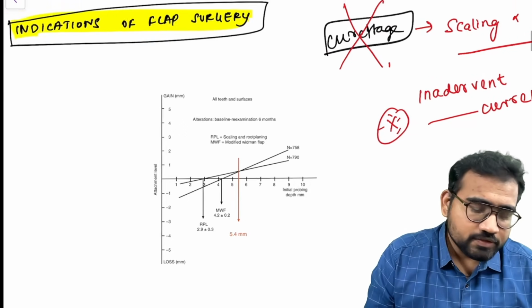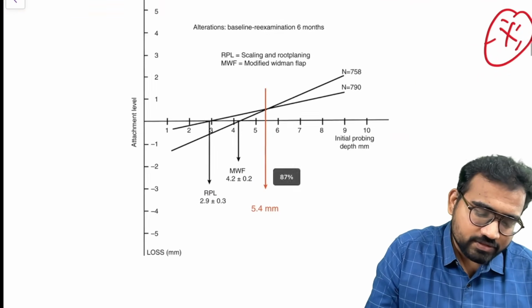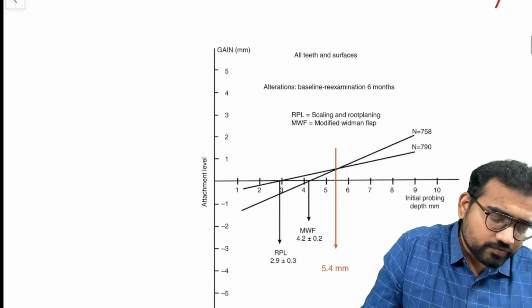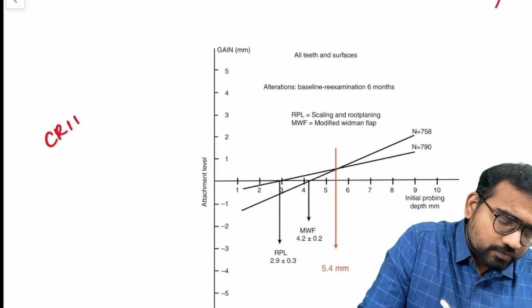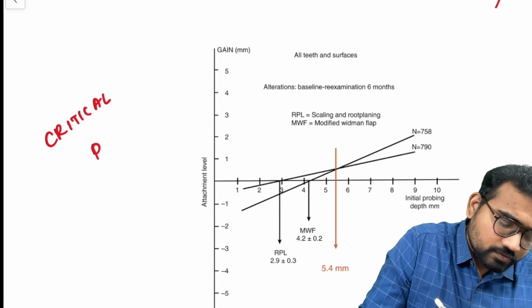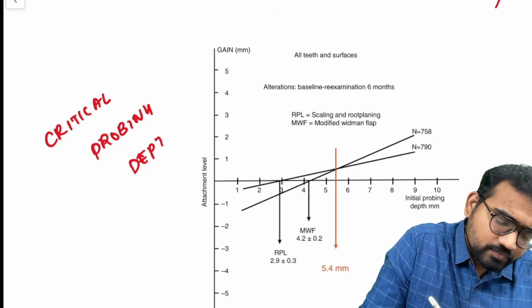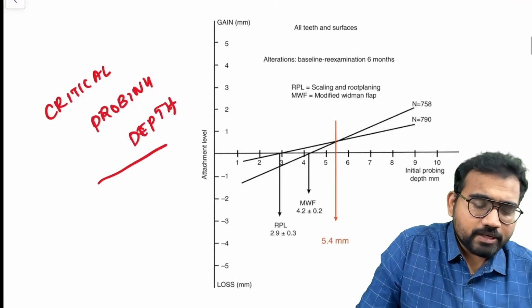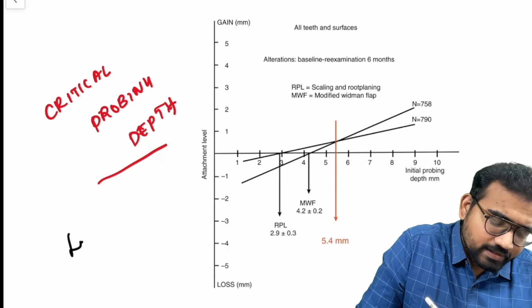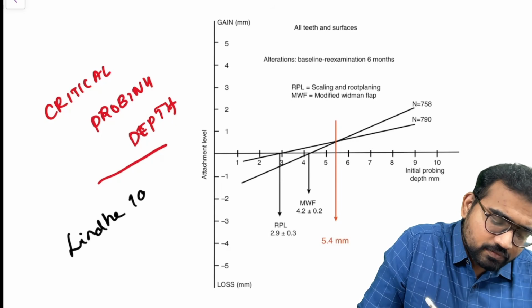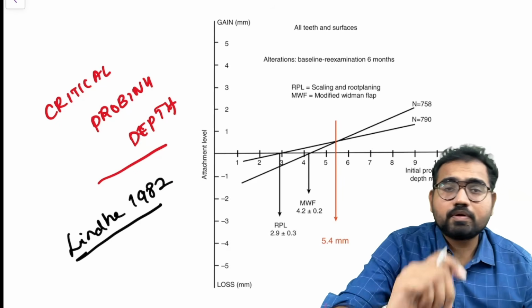Okay, so this graph is called the critical probing depth. The critical probing depth was given by Lindhe in 1982.